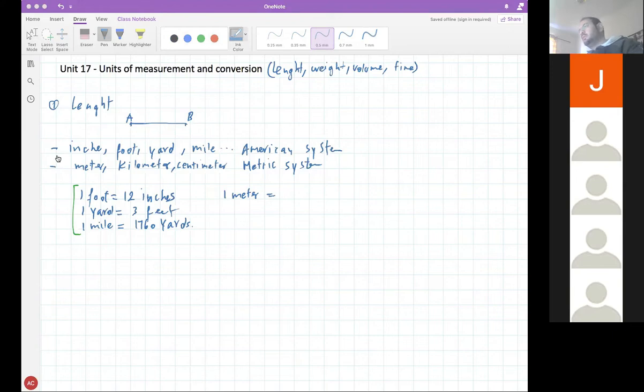We're going to convert 1 meter to centimeters, and then we're going to convert it to all the other ones, maybe kilometers and so on. So a meter has 100 centimeters. The closest to inches from these is a centimeter. It's not exactly the same, but the closest one to inches in the metric system is centimeters. We're going to see all the conversions between the two different systems in a moment, but first let's do each one by itself. So 100 centimeters.